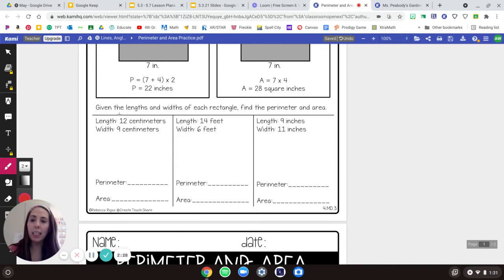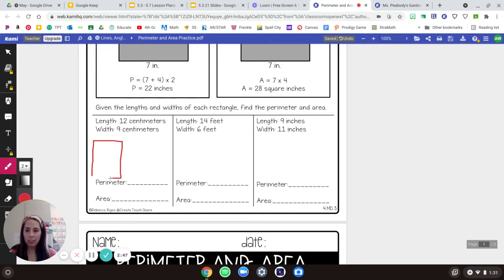All right, so let's think through ours. We are given the lengths and the widths. That helps us figure out the perimeter and the area. So in my head, I'm picturing my rectangle, right? I know my length is 12 and my width is 9. So I know it's going to be longer than it is wide.